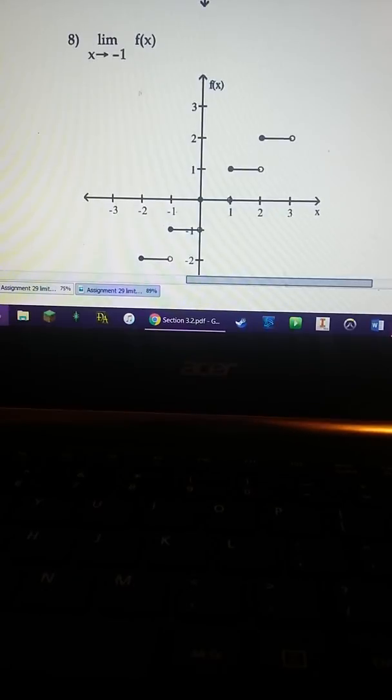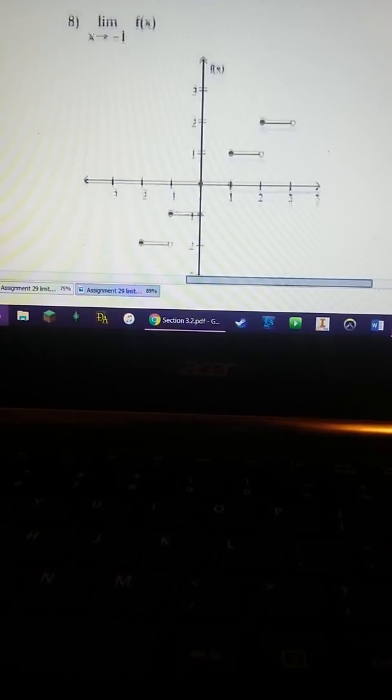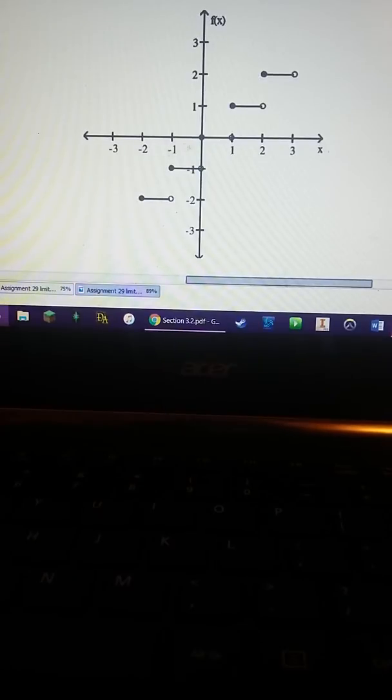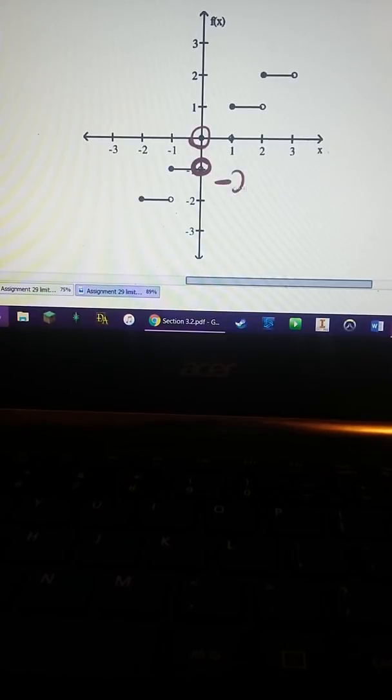Okay, this one. As x approaches -1, we've got 2 points that are on -1. Let's just focus on those. What is the limit of f of x? Well, we have -2 right here and 0 right here.